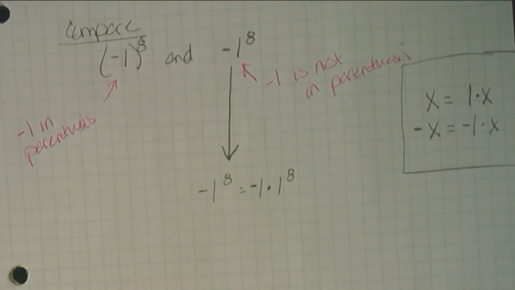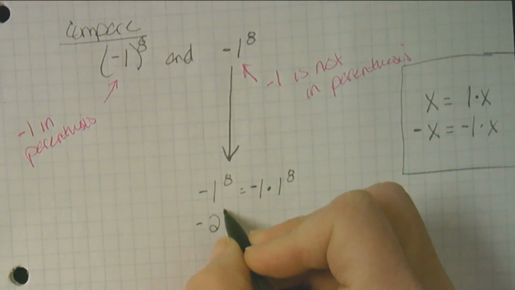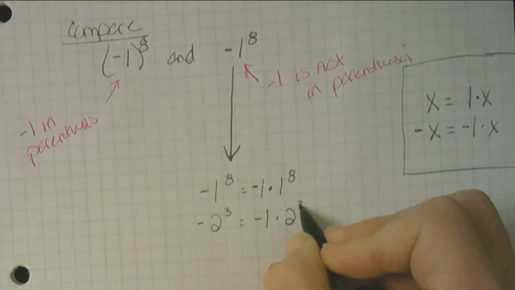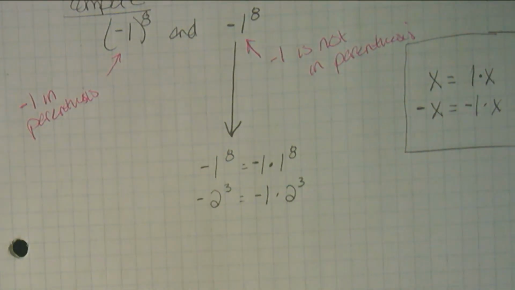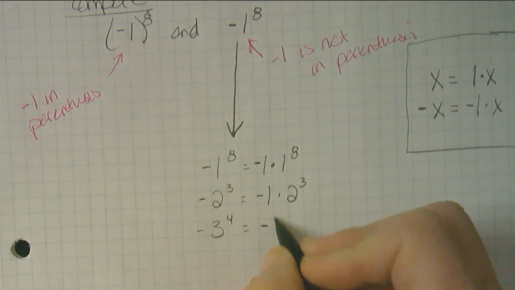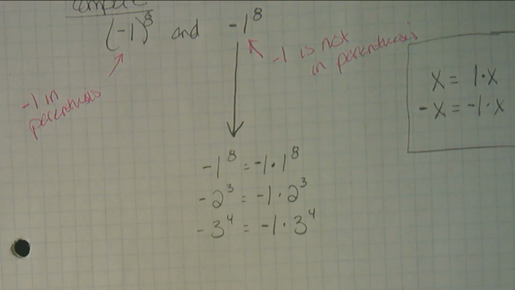That's what that means. So if I have negative 2 to the third, that's negative 1 times 2 to the third. If I have negative 3 to the fourth power, that's negative 1 times 3 to the fourth power. Can you guys see how that works?